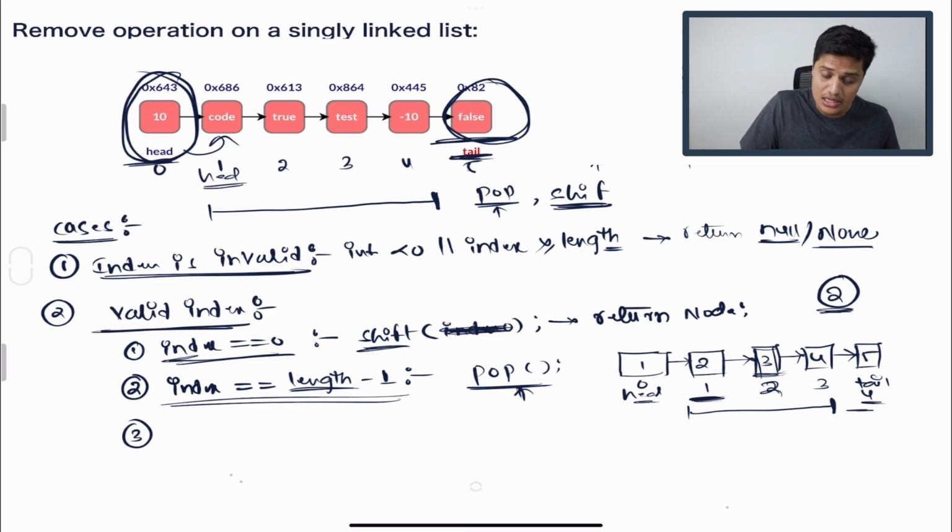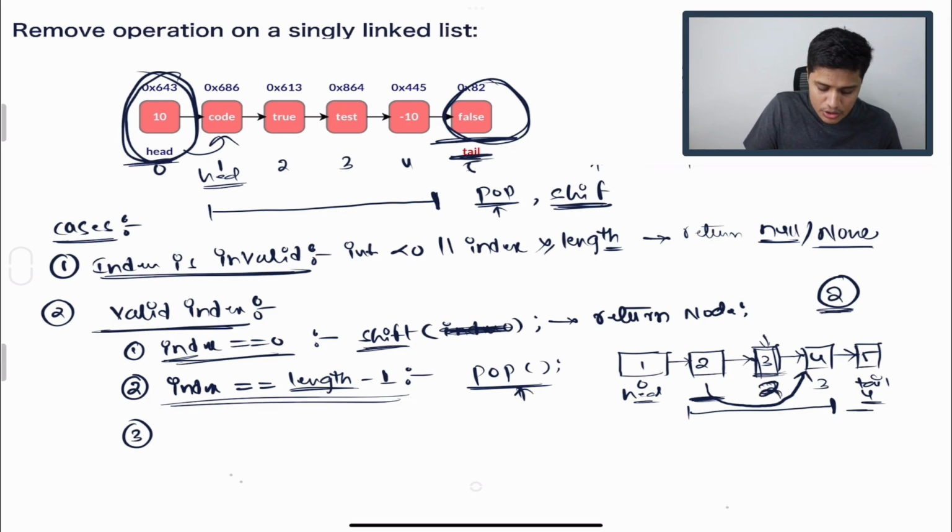Because the index minus 1 node will contain the reference of the node that is at the indexed position in the next variable of that particular node, right? So we have to make sure that we update it to the next of the node that is at the indexed position.